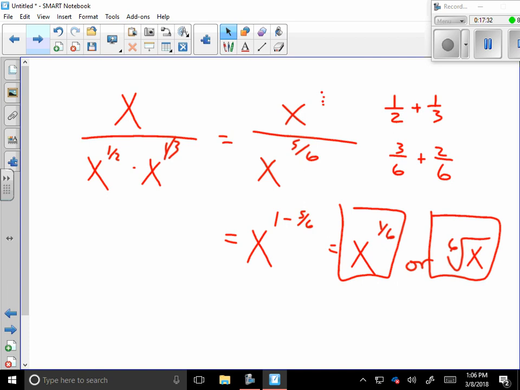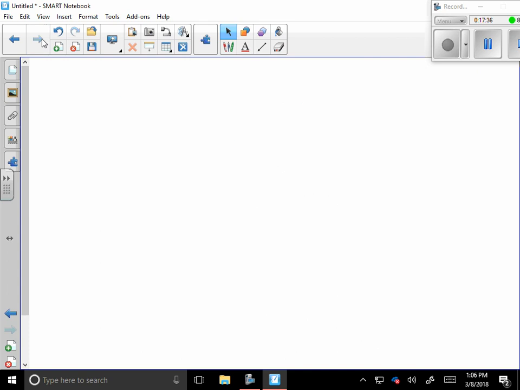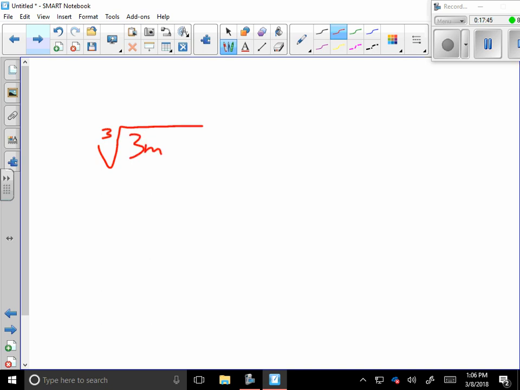Number 15, we need to solve. Cube root 3m plus 1 equals 4. On the left side, we have only the radical. So to get rid of the radical, we need a cube. Since it's a cube root, we have to cube both sides.